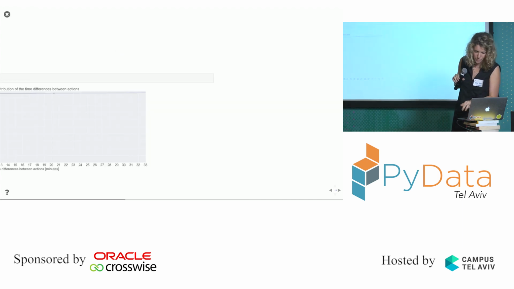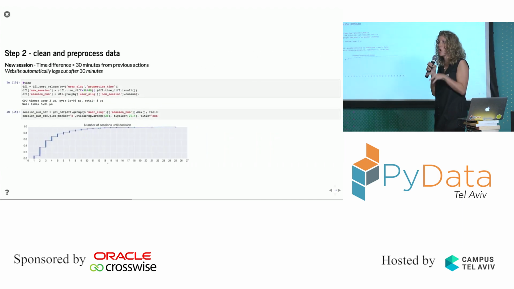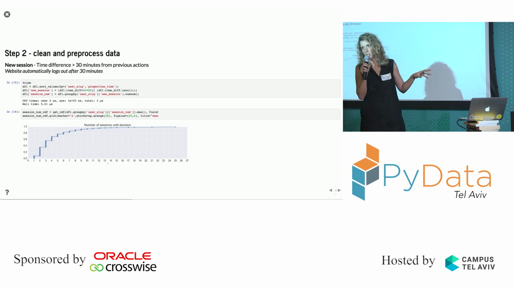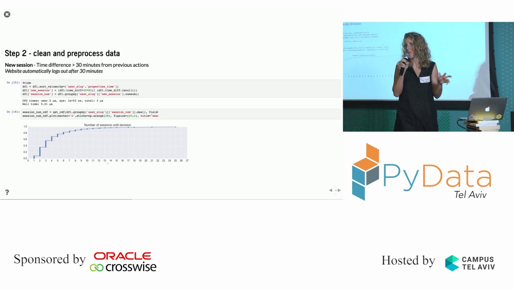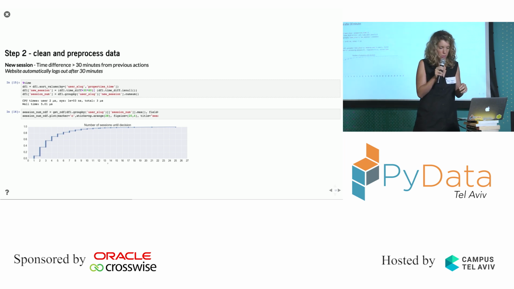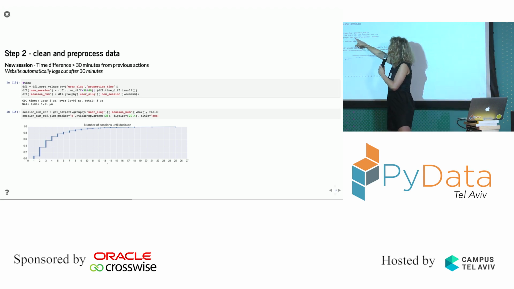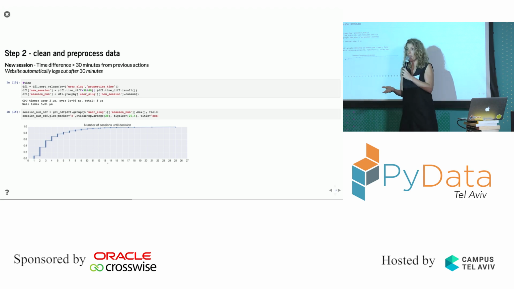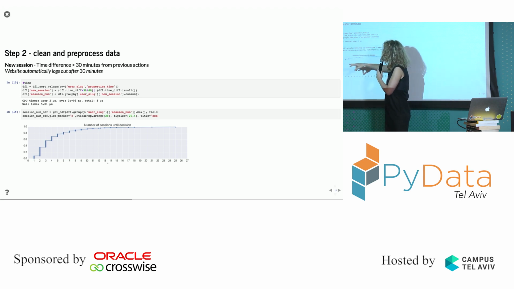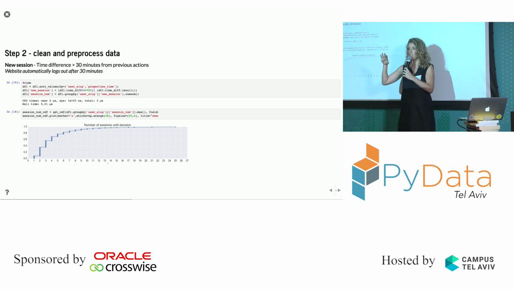Okay? So now I know how to separate between sessions, so I can try to characterize all the sessions for a user. What you can see here is just an exploration I did: I mark a new session every time the time diff is more than 30 minutes. And then I count the sessions using CumSum for each user.